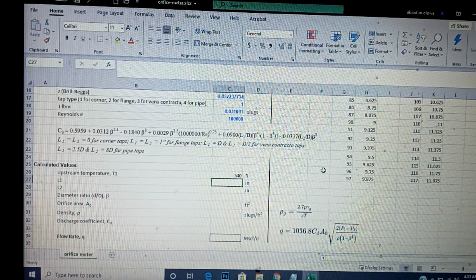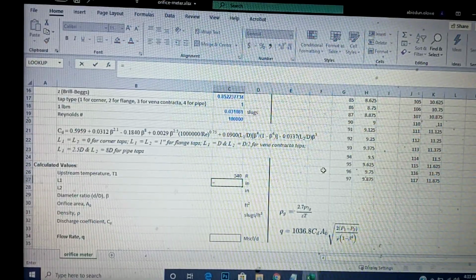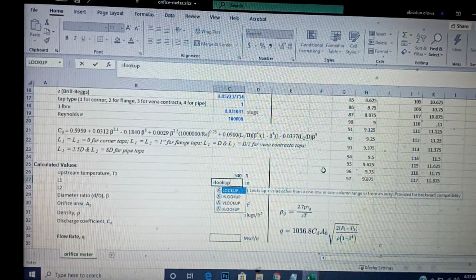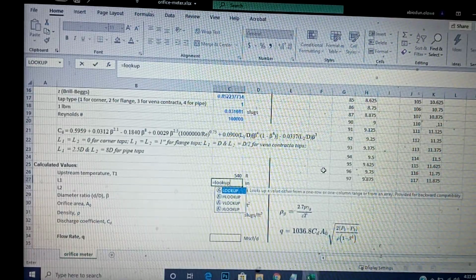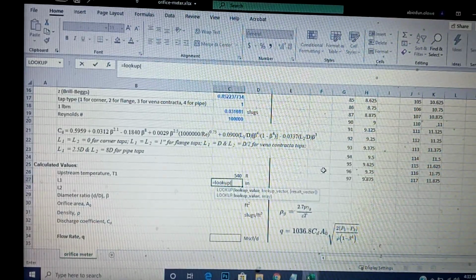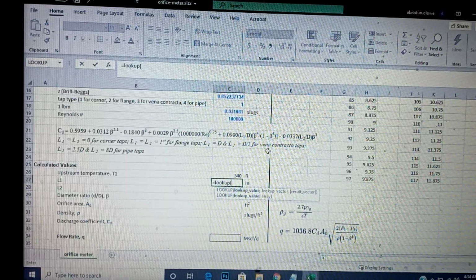It's called lookup. So I'm going to say equals lookup, L-O-O-K-U-P, lookup. Okay, I'm going to open the bracket. Now the lookup, the first argument is, what am I going to look up? I'm going to check this.